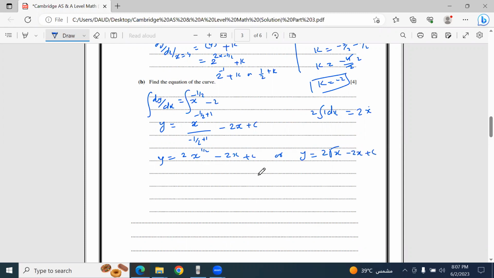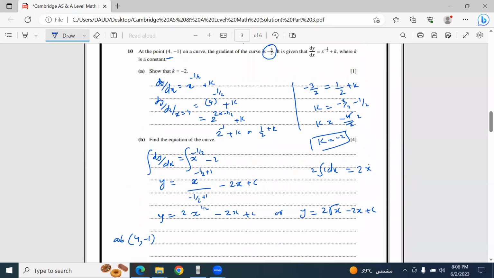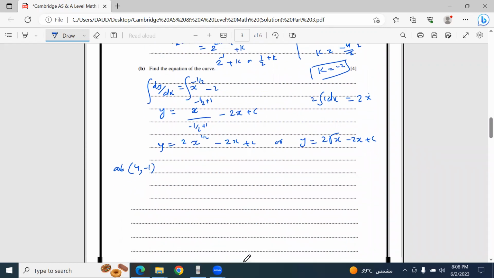So how to find the constant c at the given point, which is 4 comma minus 1? We will check again. Yes, it is correct. So we will use the given curve and point 4 comma minus 1 to find the constant.